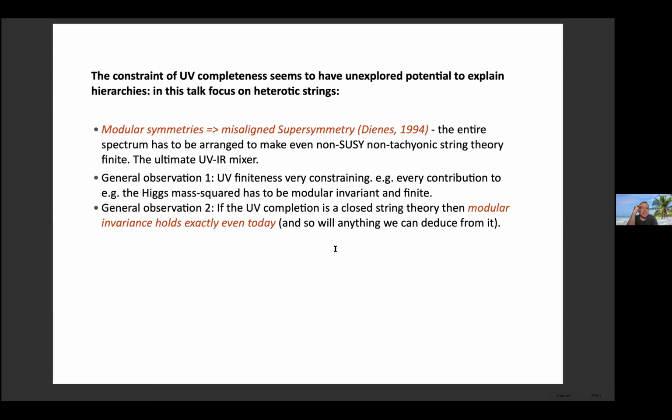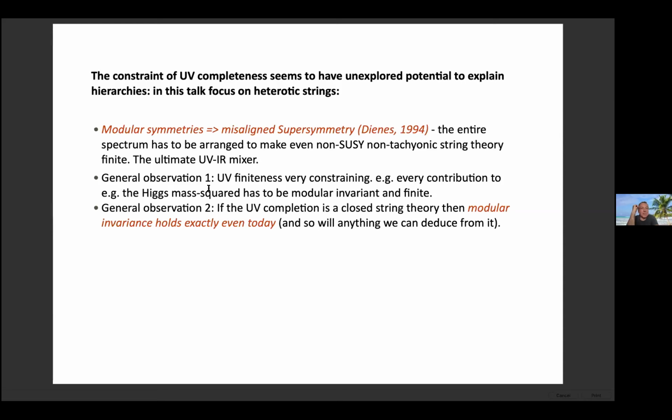And then there are a couple of general observations. The first is that UV finiteness, if I insist on it, is very constraining. So you can ask, if I look at a UV sensitive operator like the Higgs mass, what does the UV finiteness tell me about it? That's really a naturalness condition that I want to look for.